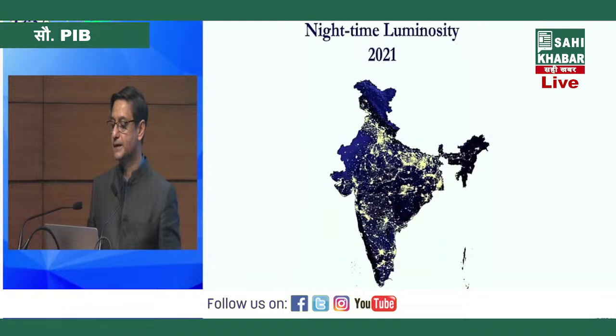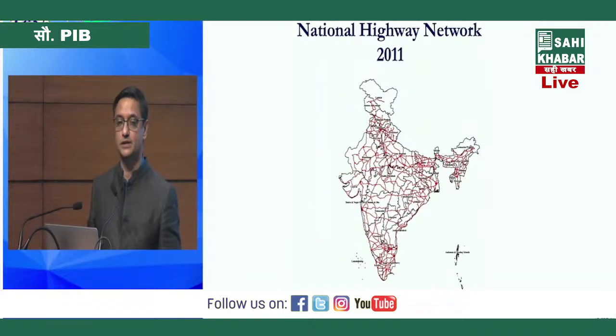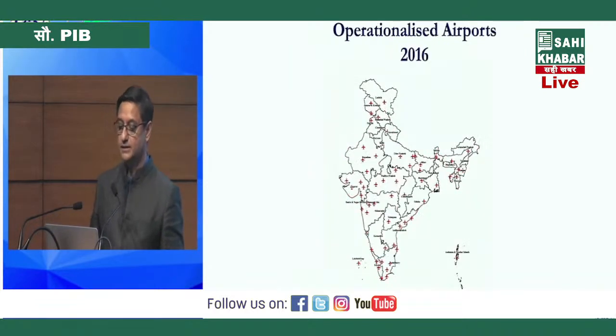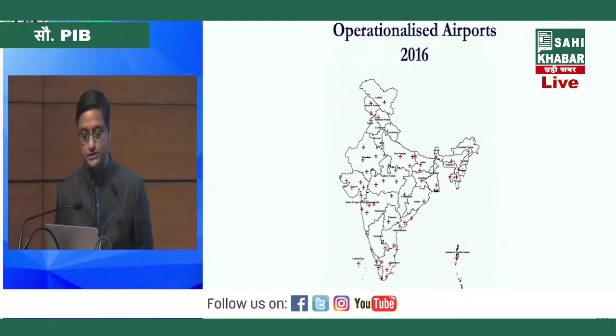But we can do something similar for other things as well. Here is India's national highway network as of 2011. This is what it looks like now. Back again. This is what it looks like now. You can clearly see a dramatic increase, almost doubling of the number of national highways. Here is the number of operational airports in India in 2016.